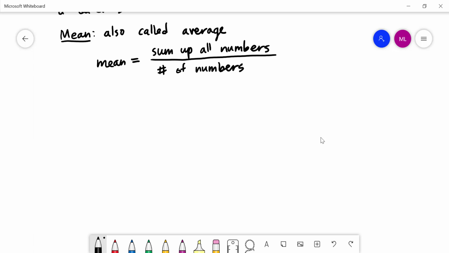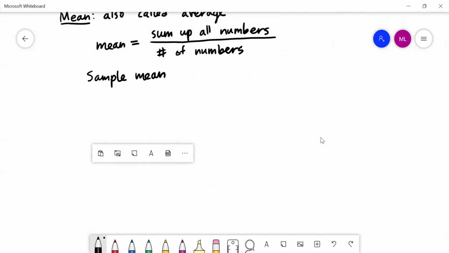So we will have a mean in the context of a sample, and we will also have the mean in the context of an entire population. Let's write out what both of these wind up looking like.